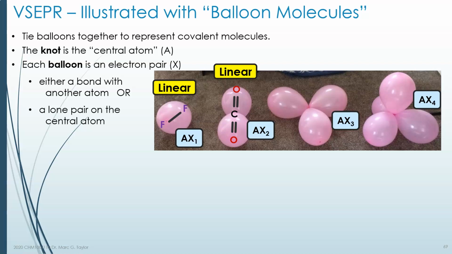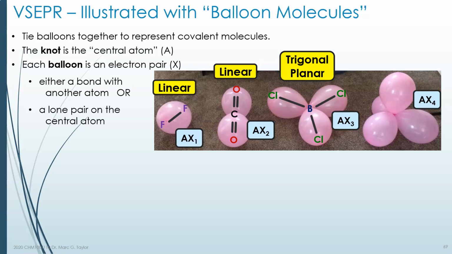In the third case, we have three balloons, three bonded atoms, and this forms a triangle of sorts, and we call this a trigonal shape, three sides, trigonal, trigon, and it's flat. If you put three balloons together, they would automatically form this flat, three-sided shape, trigonal planar, and you have to use both words.